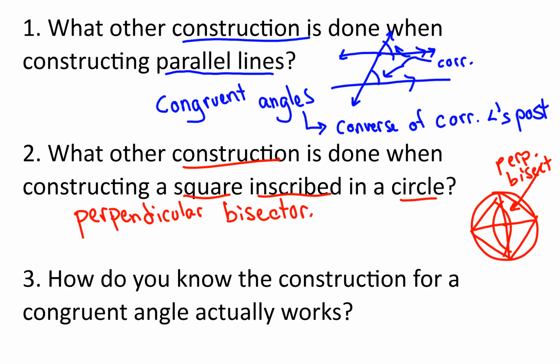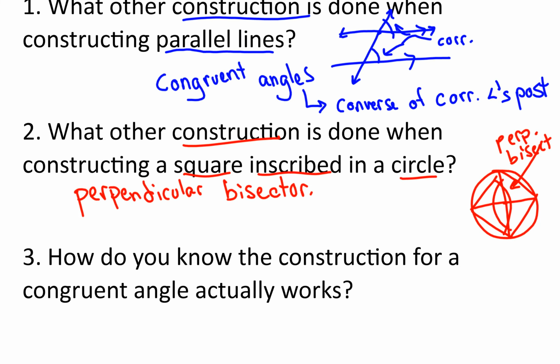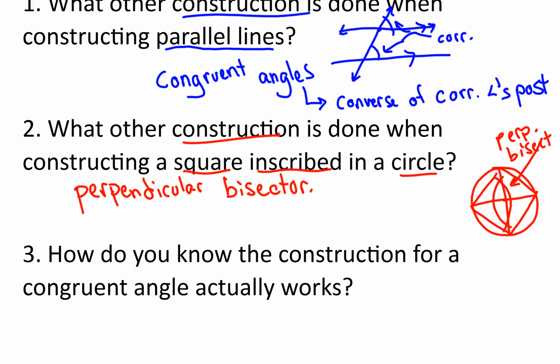Okay, finally, last construction. How do we know that the construction for a congruent angle actually works? So if you remember this, a congruent angle was where we started with an angle such as that, and we wanted to make one that was congruent to it. So to do that, we drew a ray, and then what we did was we drew an arc on this angle, and we drew the same arc on that ray.